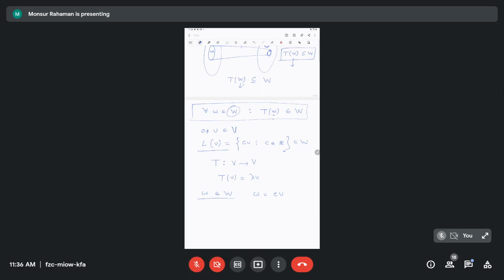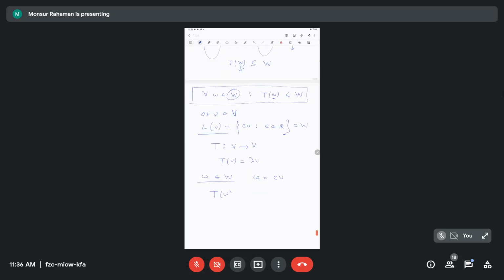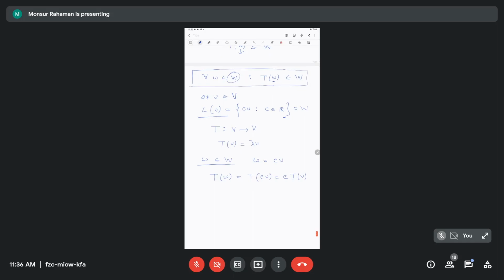This is a constant multiplication of v. So Tw is equal to T(cv), and by the definition of linear transformation, it equals cTv. But because it is an eigenvector, there is another scalar multiplication, so it is c lambda v. C lambda is a scalar, obviously, and it is a scalar multiple of v. So this is an element of W.